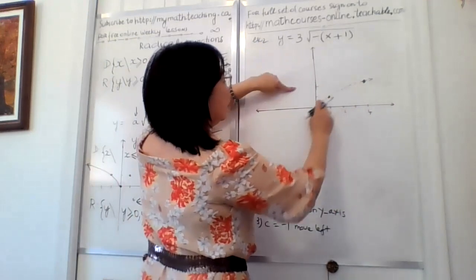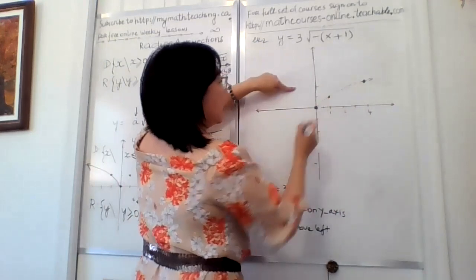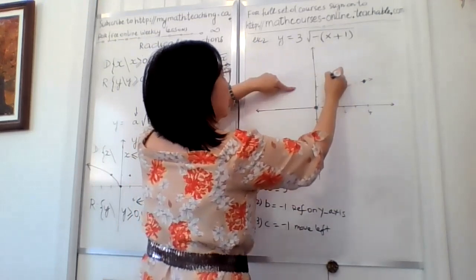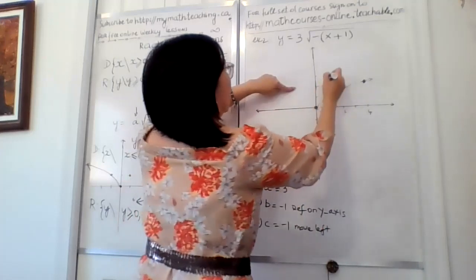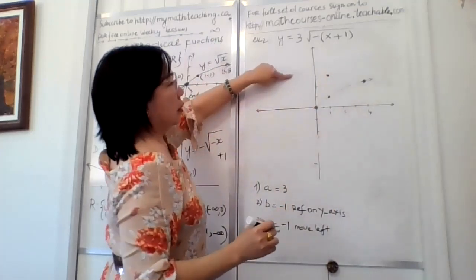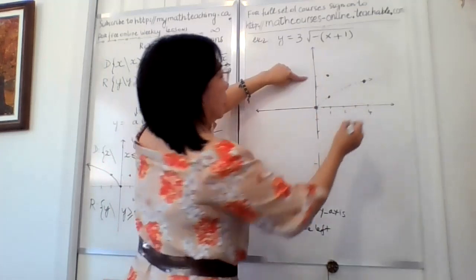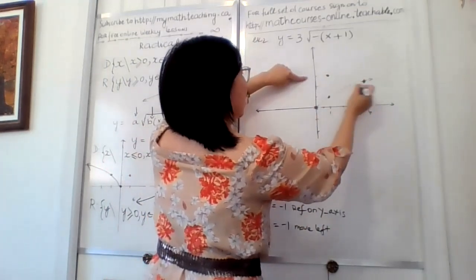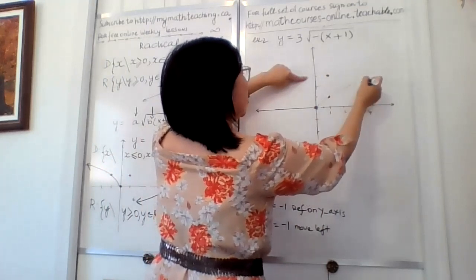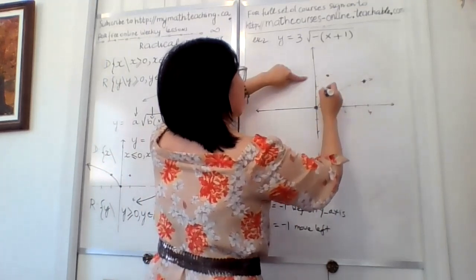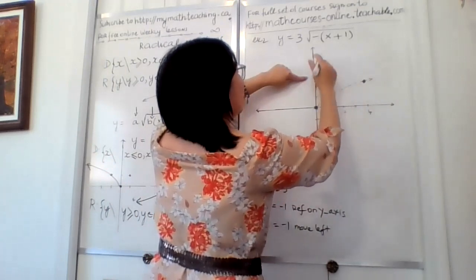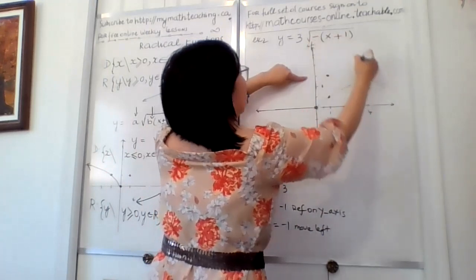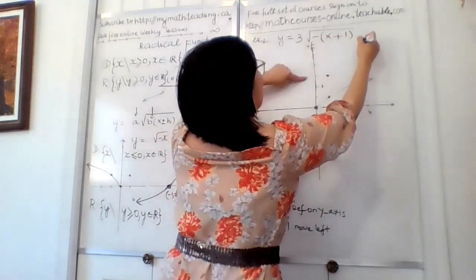So 0 times 3 is still 0, stay there. 1 times 3 will become 3, so this will shift up here. And this point here is 2 times 3, which is 6. So this is 2, 3, 4, 5, 6, up to here is 6. So this point will move up here.